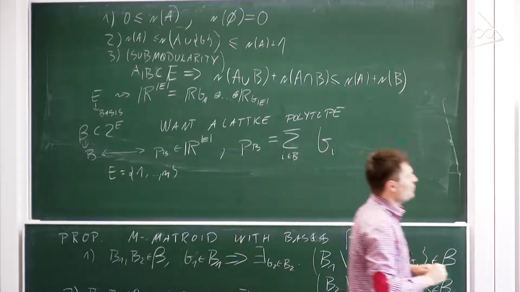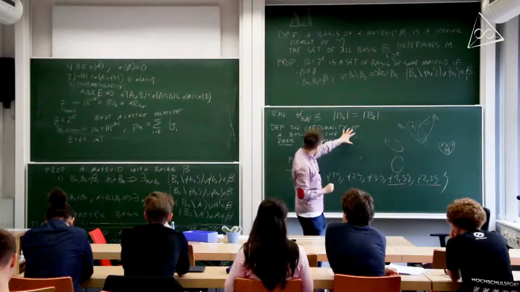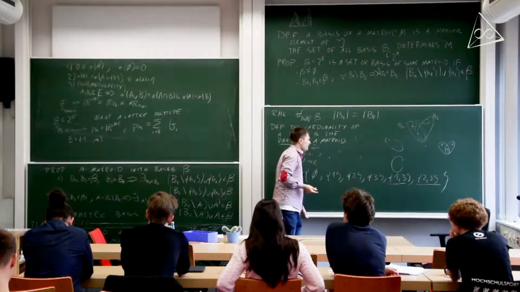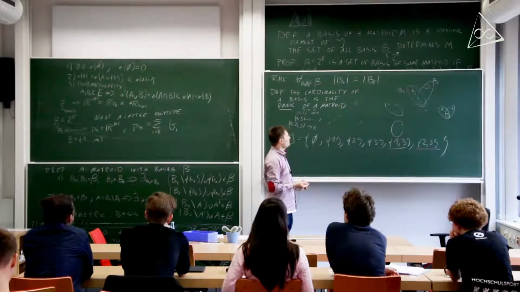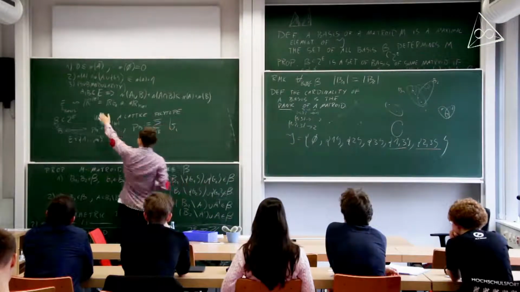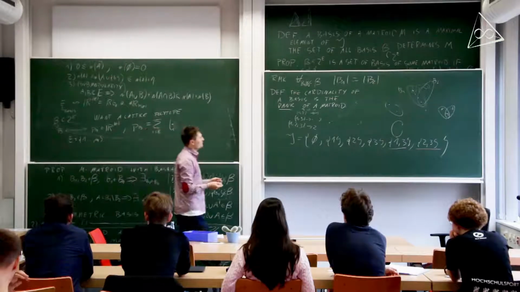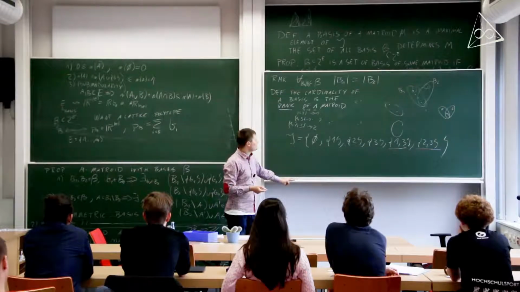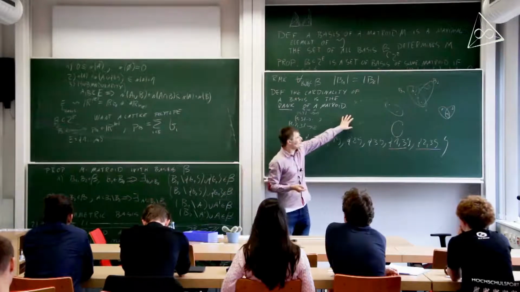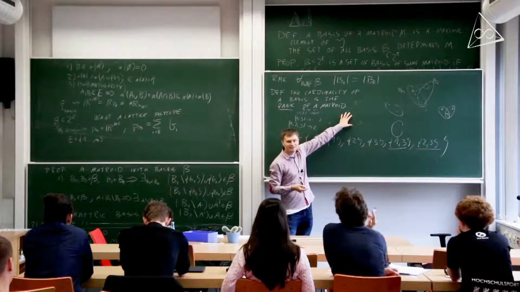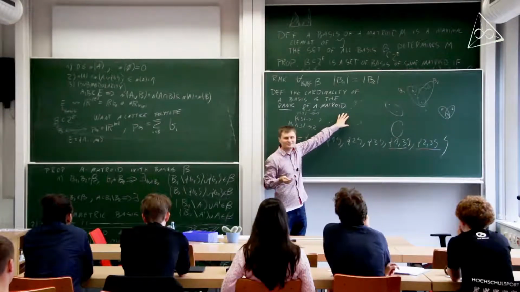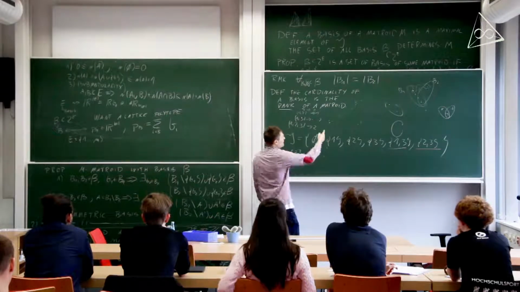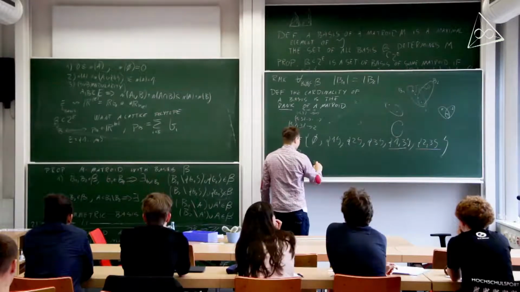So in our original matroid, what is the dimension of the space? What's the ground set here? What's the cardinality of the ground set? You can speak aloud. 3. So we will have a 3-dimensional vector space spanned by 3 vectors corresponding to 1, 2, and 3.